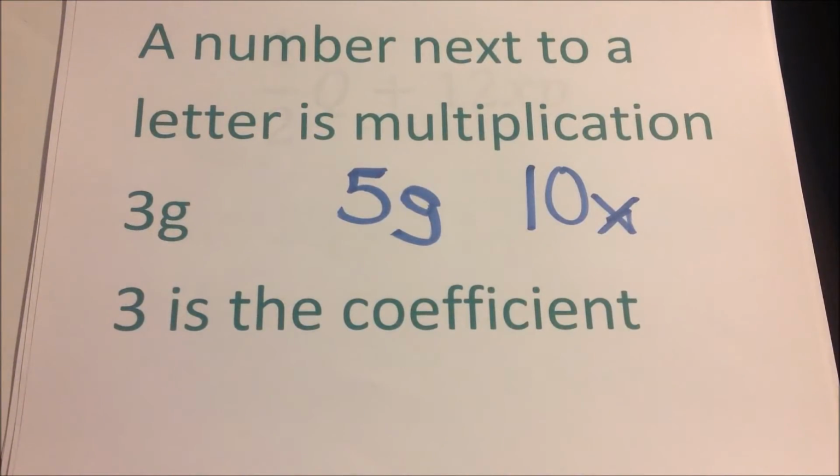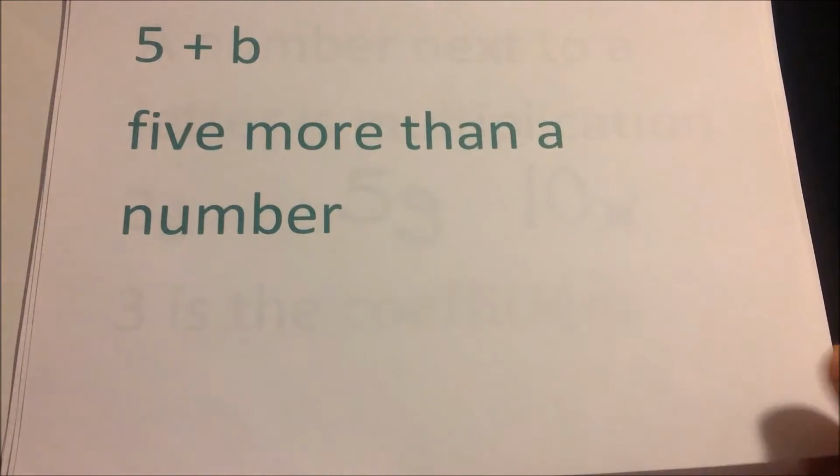So when we're writing expressions, here we have 5 more than a number. We don't know what the number is. We're just writing an expression. Be careful when you see subtraction, though. This is 15 less than a number. It's not a number less than 15. Very important.